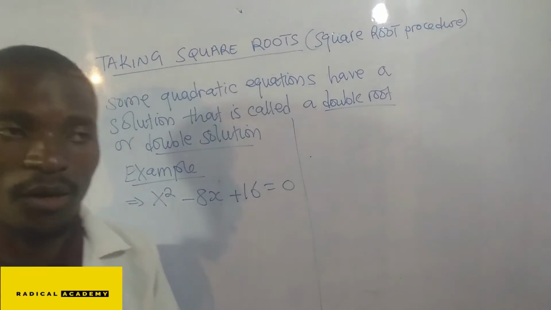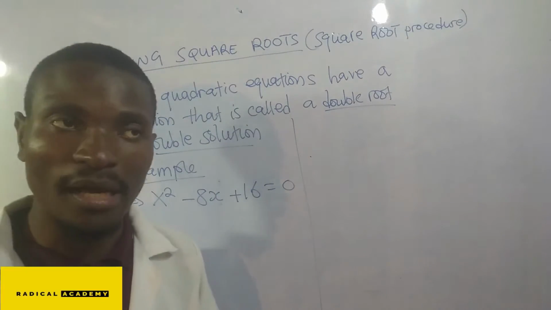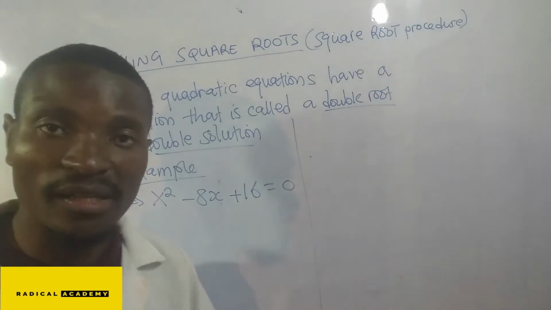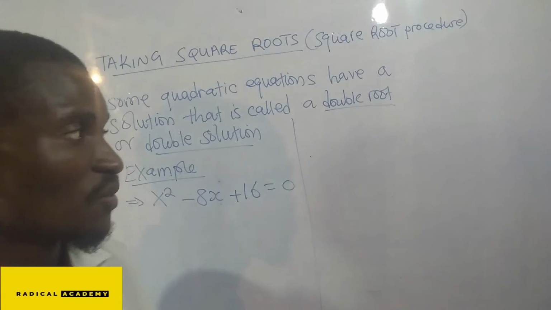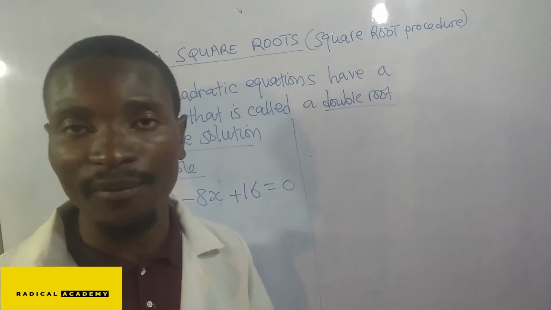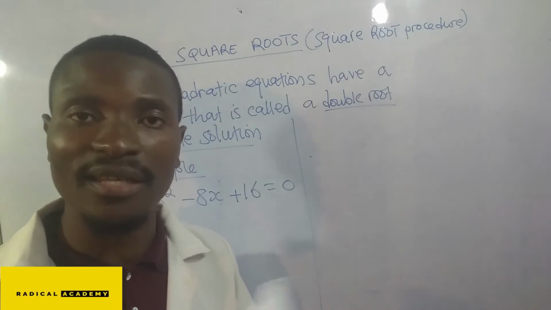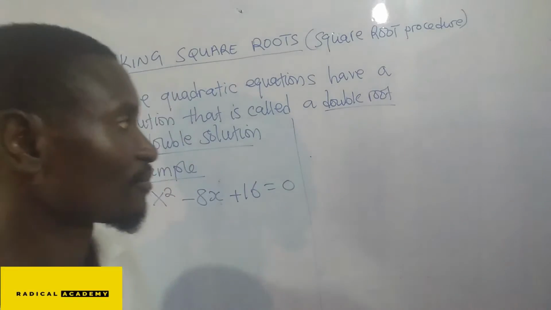Remember what we said was that under factorization, you find the product, you find the sum, as well as the factors that you can use in order to come up with the sum. Two numbers that you can add in order to get the sum.